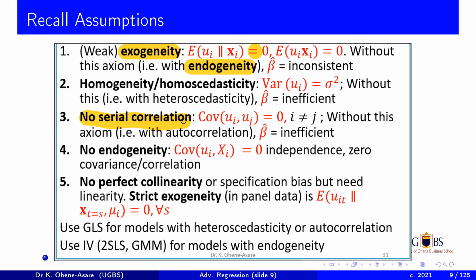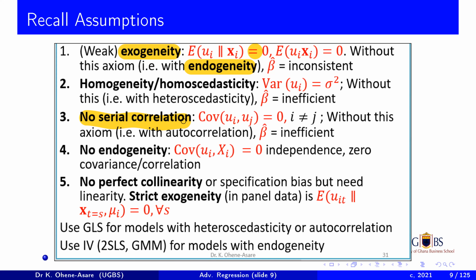The next assumption is that there should be no endogeneity. In other words, I've said it already, the covariation between the error and the independent variable must be zero. This is what is known as independence, zero covariation. And then, of course, there must be no perfect multicollinearity. There must be no specification bias.